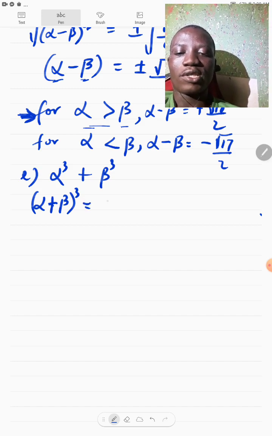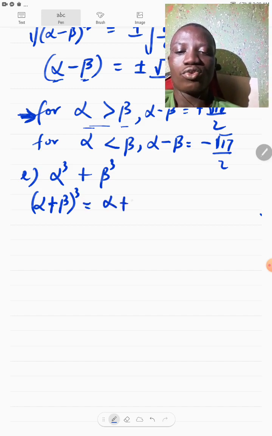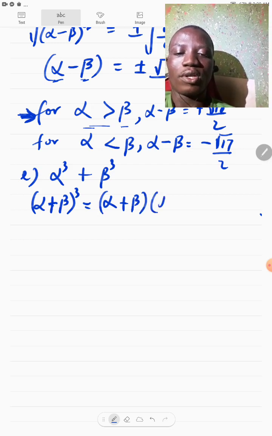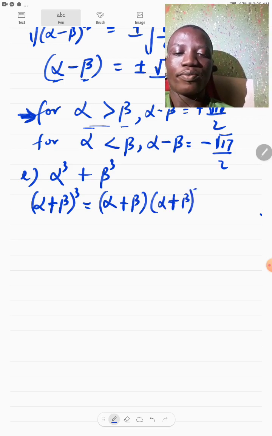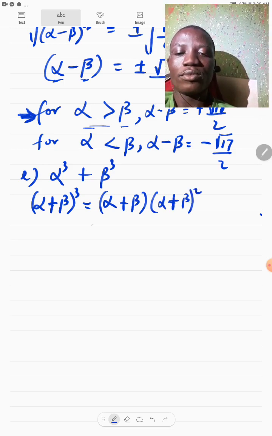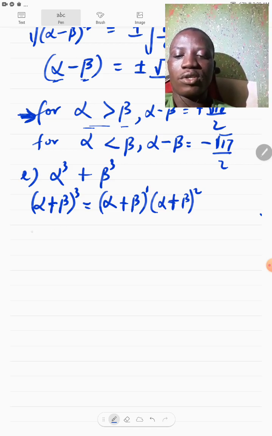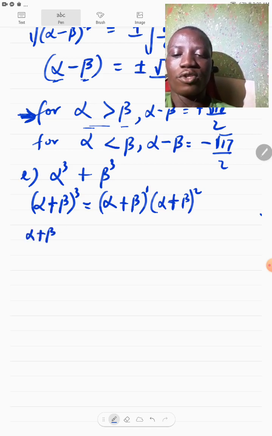So we can say this splits to alpha plus beta and alpha plus beta squared, because this will be the power of 1, and by law of indices, you know that this is raised to power 3. So we are making sense with this. So alpha plus beta cube.